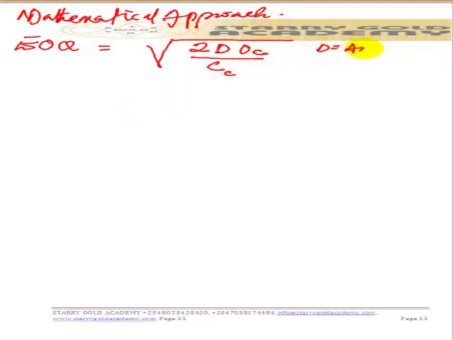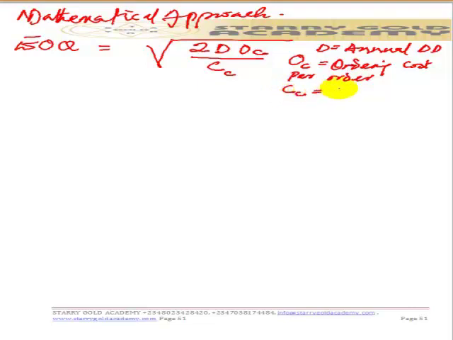So if we are going to get our EOQ, economic order quantity, the formula is square root of 2DOC over CC. In this case, D is annual demand. OC is the ordering cost per order. CC is carrying cost per unit.